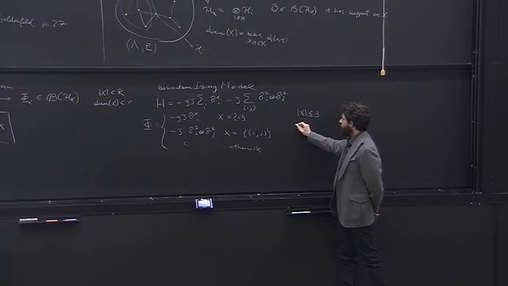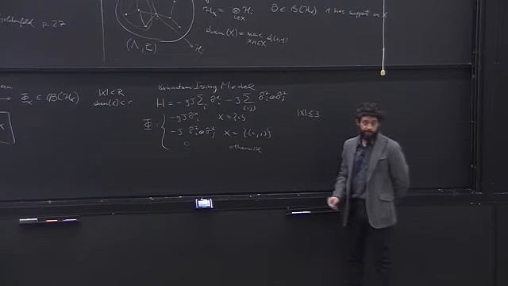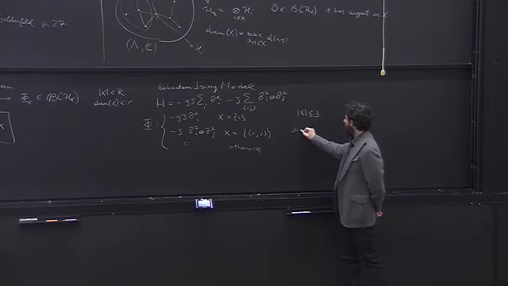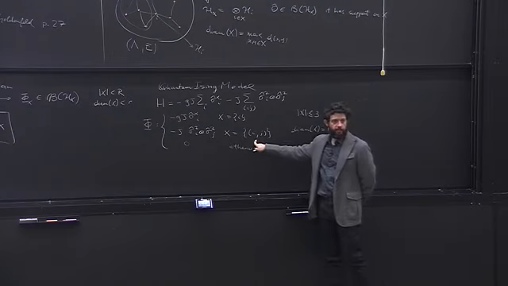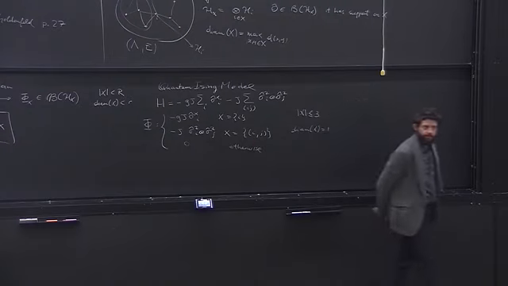And also the diameter of X is 1. It only couples at most nearest neighbors. Okay, so this is a local Hamiltonian.